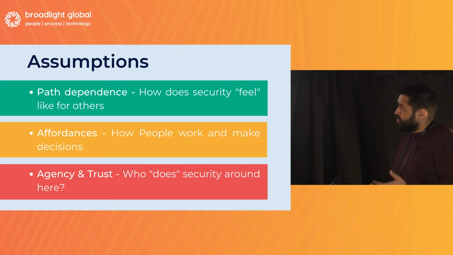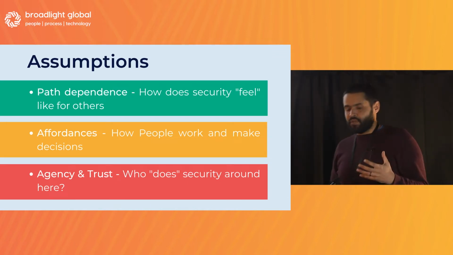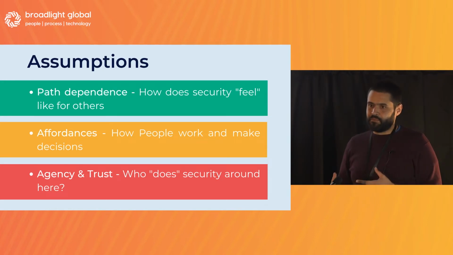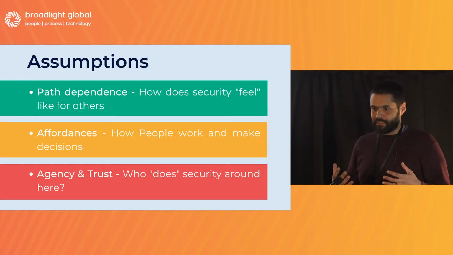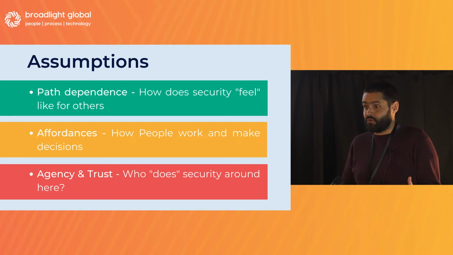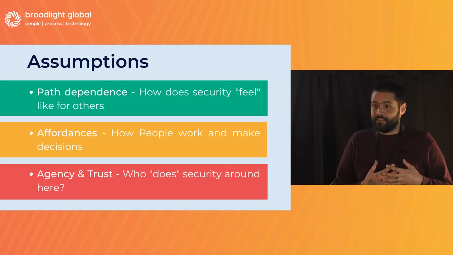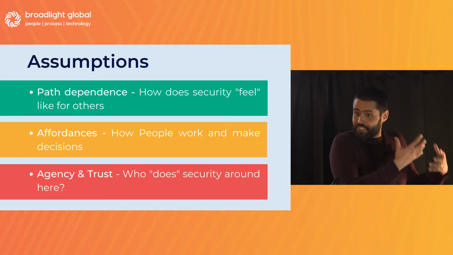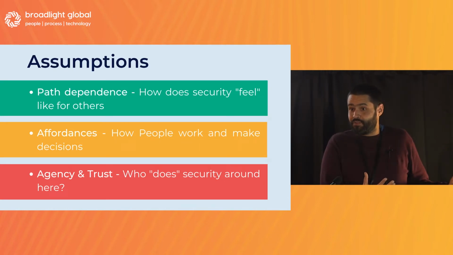The other part is around affordances: how people work and make decisions. Affordances in biology is a term that basically means what is available to the individual. There are some strategies that may not be available to us because I don't have the conditions, the prerequisites, for that strategy to be available to me.